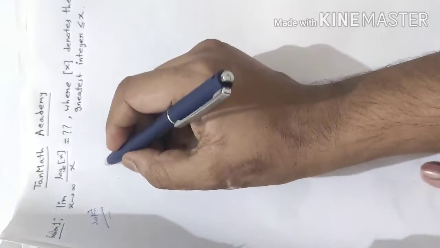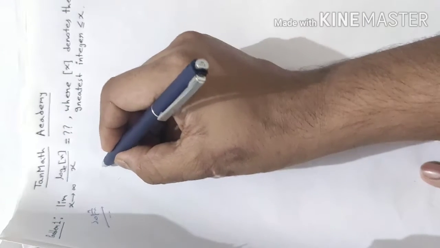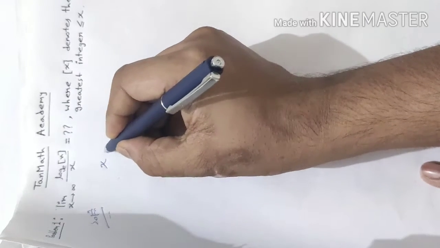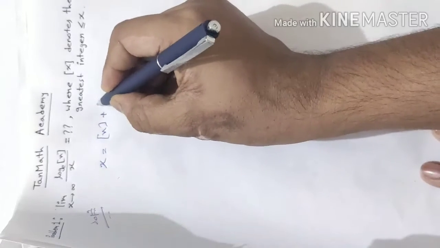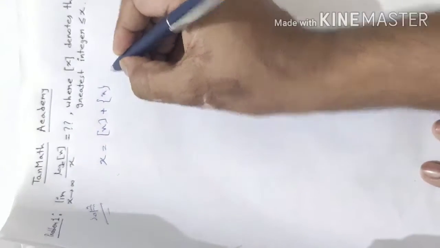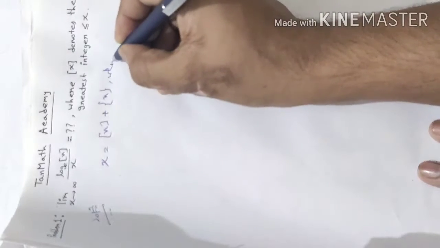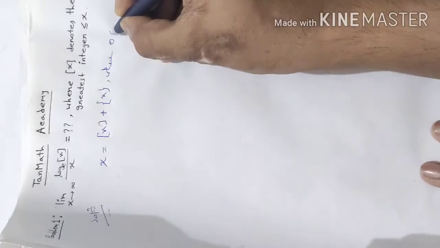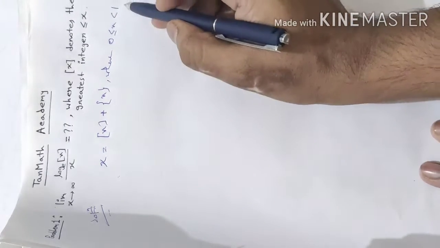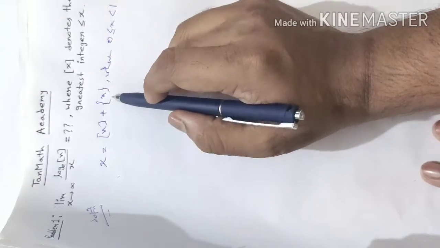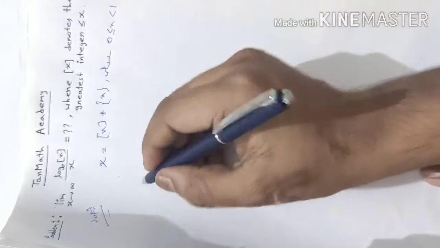For any real number x, we can express x is equal to box x plus the fractional part of x, where the fractional part is greater than or equal to 0 and strictly less than 1. This is the integral part and this is the fractional part.